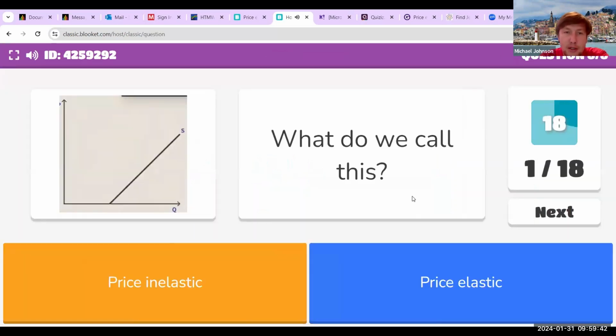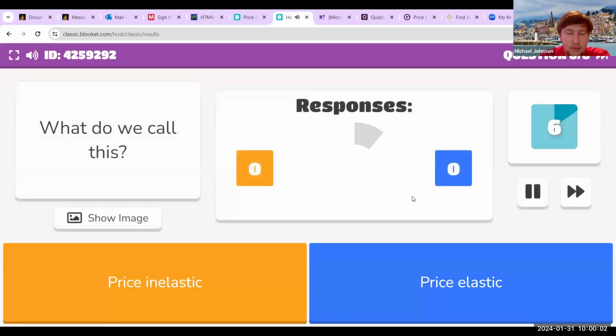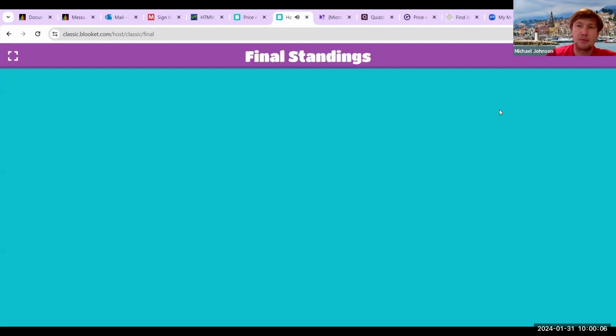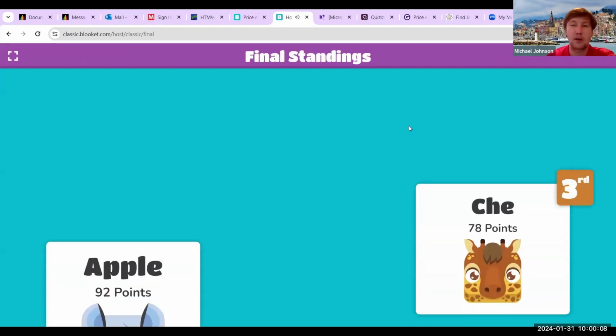What do we call this? The price inelastic because it's pretty steep. That's why. The steeper it is, the more inelastic it is.